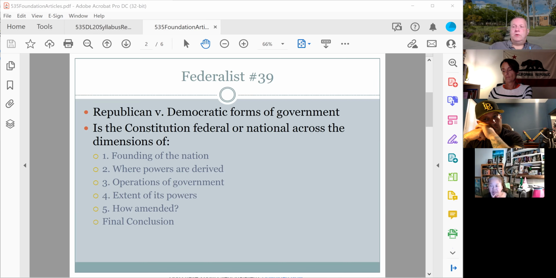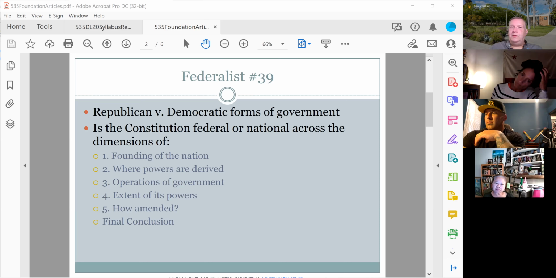So that's Federalist 39. Are there any other observations or comments on Federalist 39 and Madison's thinking? Again, we have limited time in this class, obviously, as a 6-week class, so we can only spend the first couple of weeks on background and foundation.